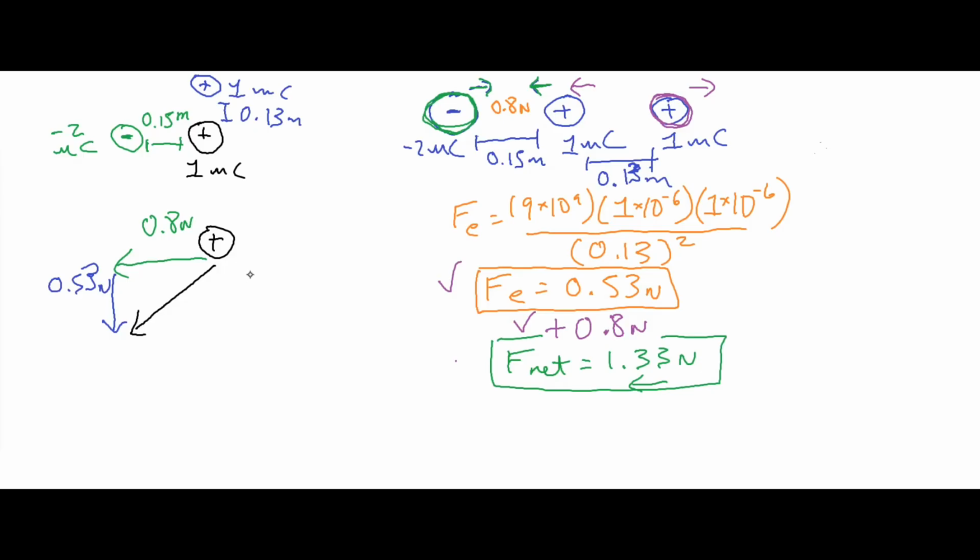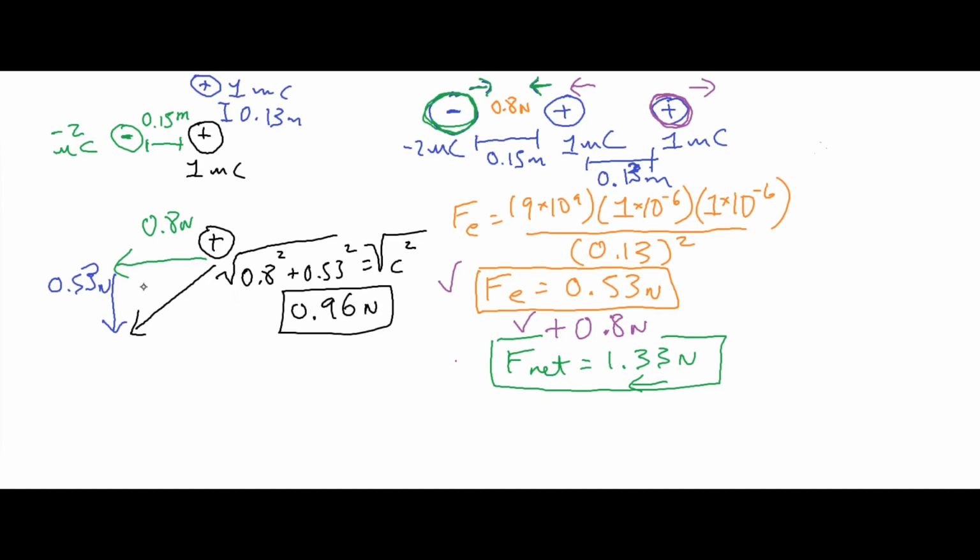So a squared plus b squared equals c squared: 0.8 squared plus 0.53 squared equals c squared, so basically square rooting both sides, you end up with an answer of 0.96 newtons.